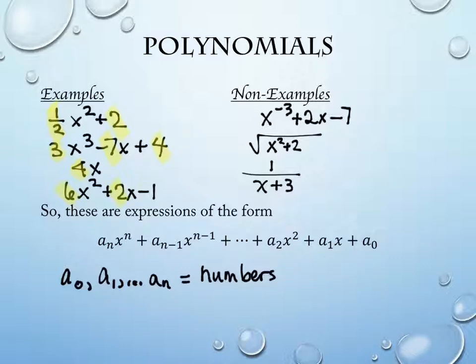They're just numbers, okay? All of those a sub somethings are numbers. And then all the components that have this part are simply powers of x that are positive powers. And we also get the constant at the end for free. That's totally fine too. Okay?